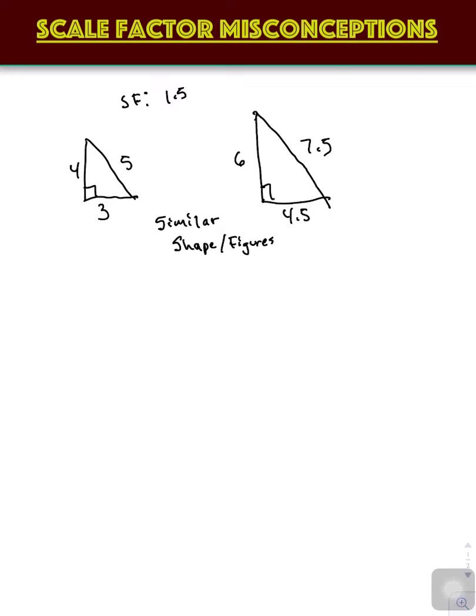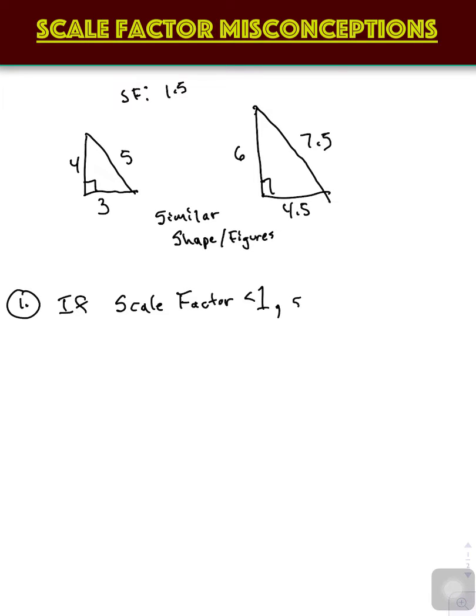The aim of today is to address the biggest misconceptions or the biggest mistakes with scale factors. So the two biggest mistakes that are made with scale factors: one, if the scale factor is less than 1, a lot of times students divide.